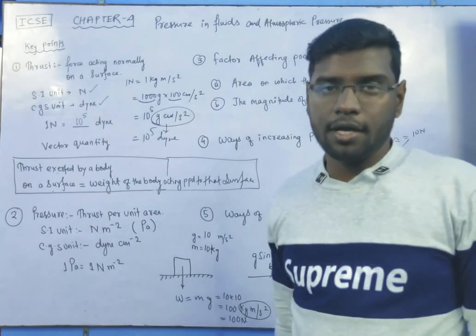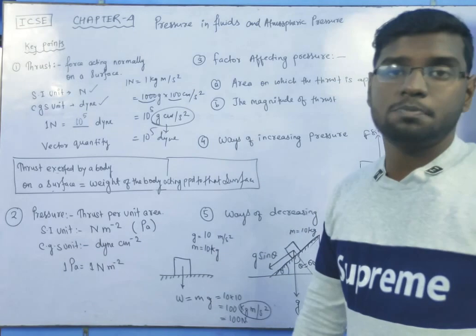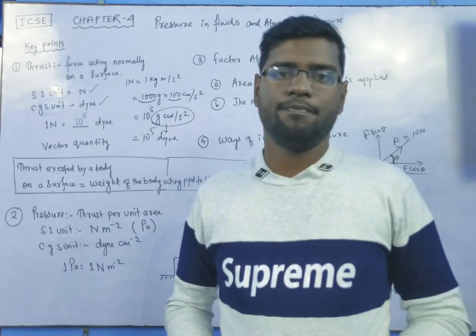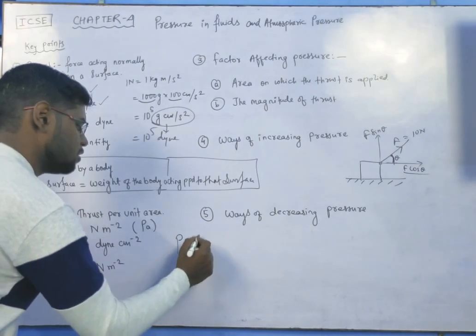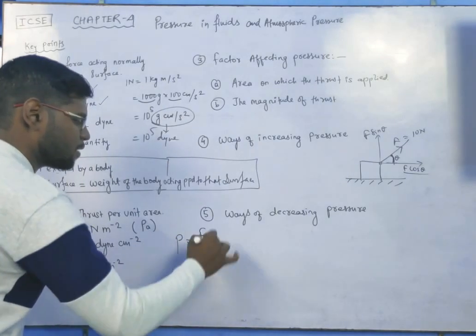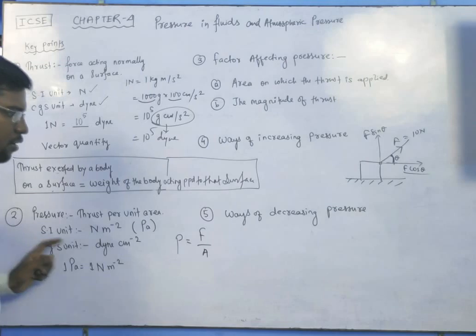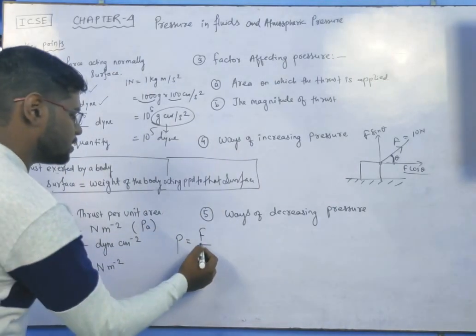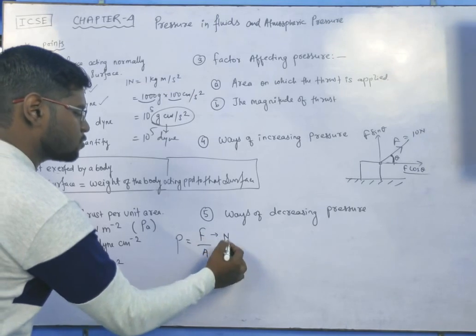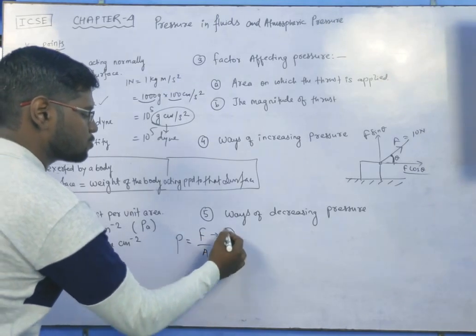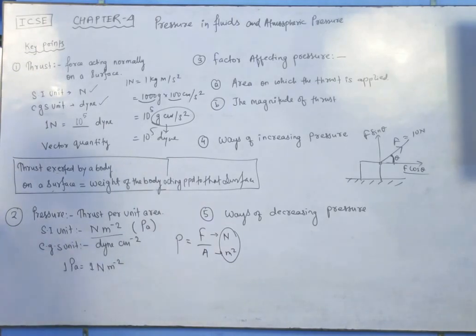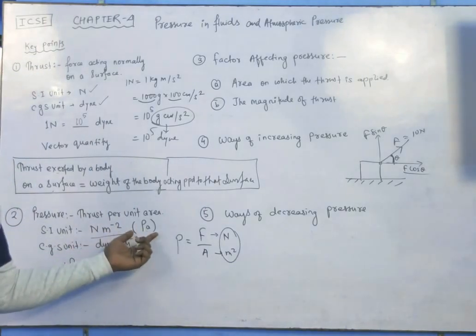Next we are going ahead with pressure. What is pressure? Pressure is thrust acting per unit area. Pressure is nothing, just force acting perpendicular per unit area, or thrust acting per unit area. So the SI unit of pressure: force is Newton and area is meter square, so this becomes Newton per meter square, and this Newton per meter square is known as Pascal.